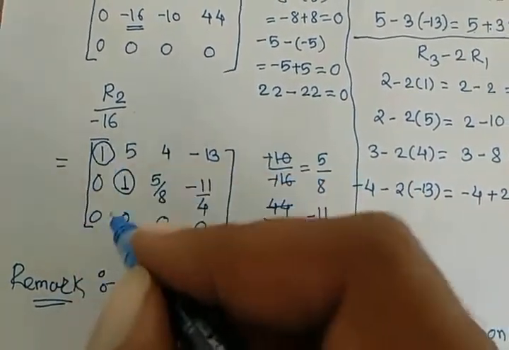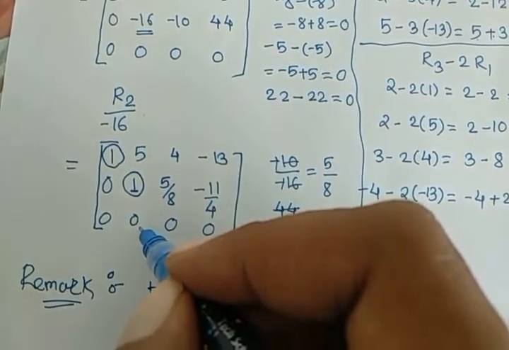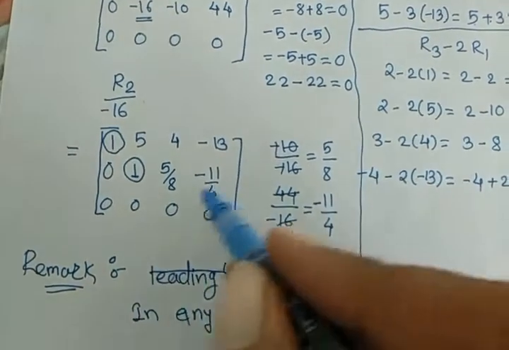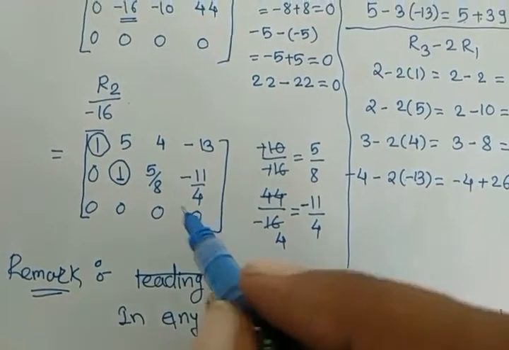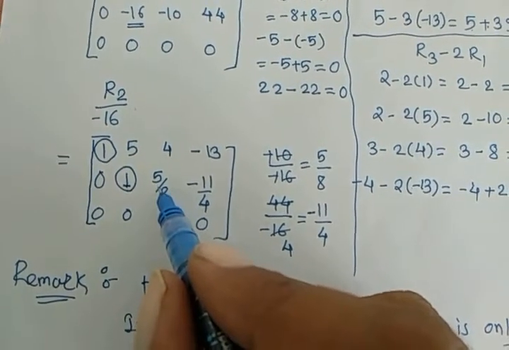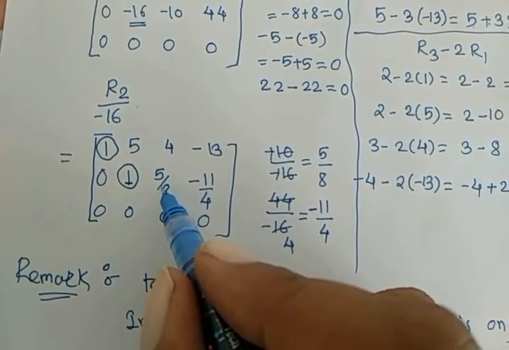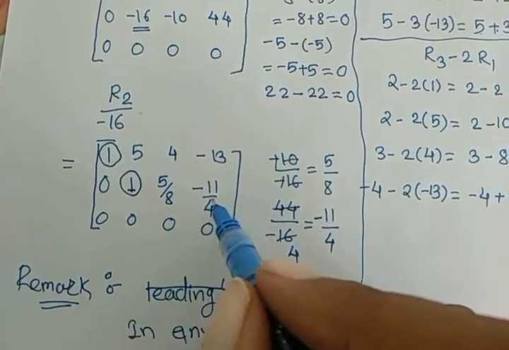Column-wise, there is only one leading one in the first column and in the second column, and the third and fourth columns will not have a leading one because the first and second rows already have leading ones.